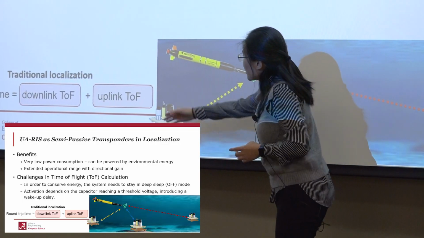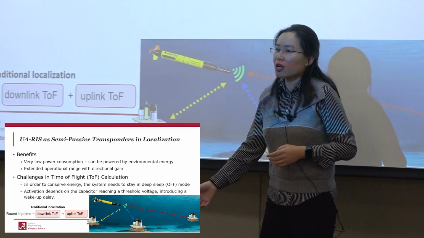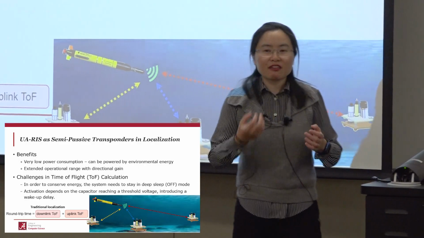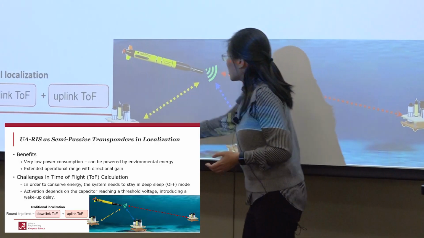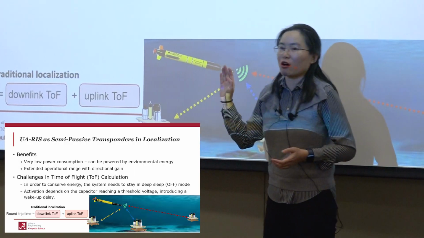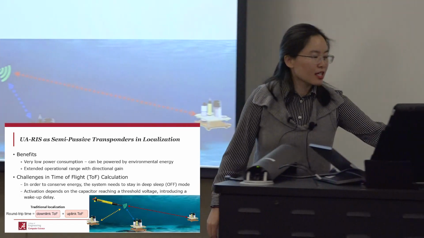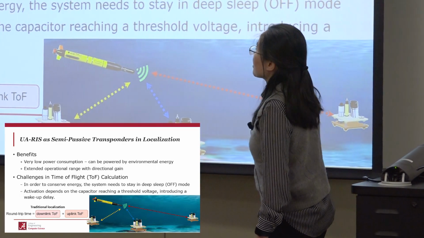The reason why it is working is because those traditional transponders work actively. Basically, there is no delay between receiving the ping and replying with the echo. However, it won't be the case for the passive system.